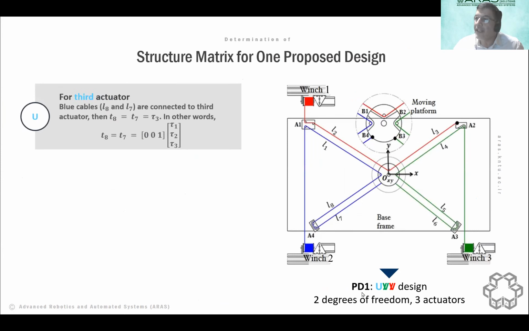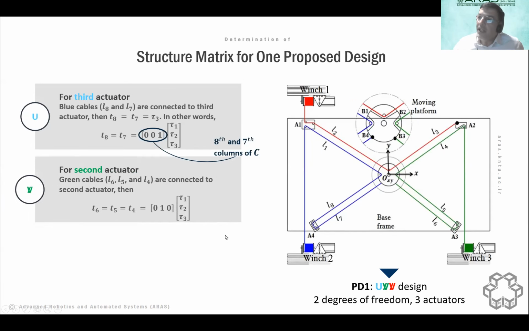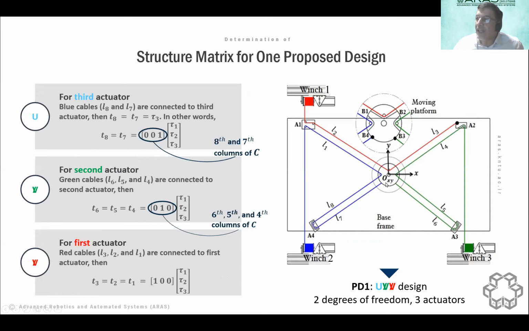Since I'm getting a bit low on time, I will just go through a simple example, as we have the previous example from the first one. Here you can see we have a UVV structure, and by just considering that the pulleys are ideal and the tensions and forces are equal to each other, we can get some row matrices that relate the torque from the winches to the end effector.